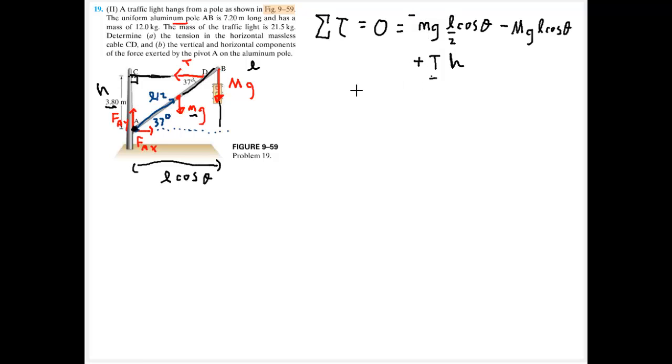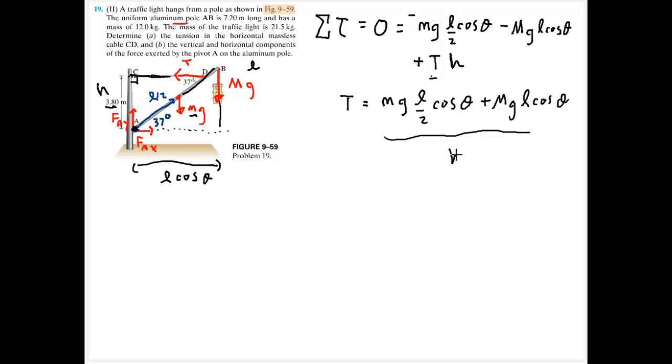I move the other two guys to the other side and I divide both sides by H, and I'm left with the tensional force is going to be mass multiplied by gravity, L divided by 2 cosine of theta, plus big mass, gravity, L cosine theta, divide all that guy by the height.